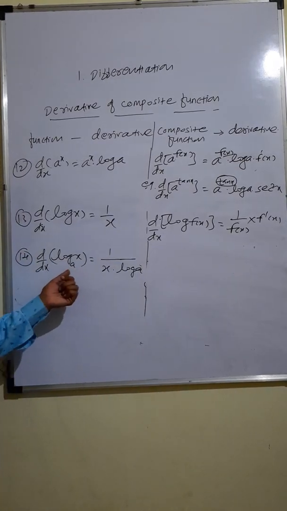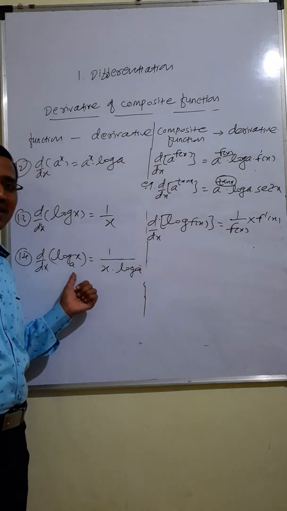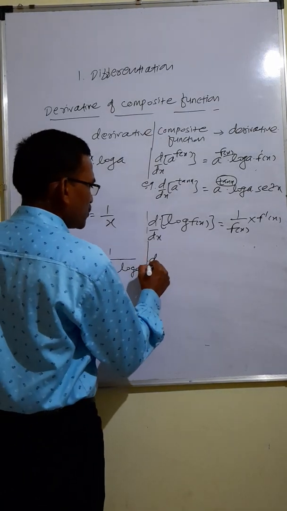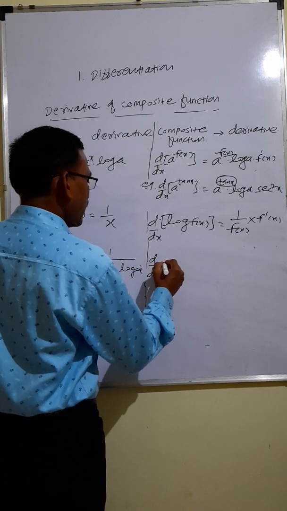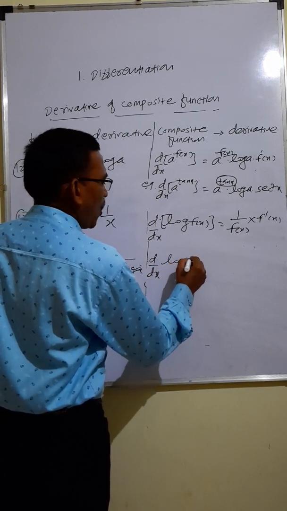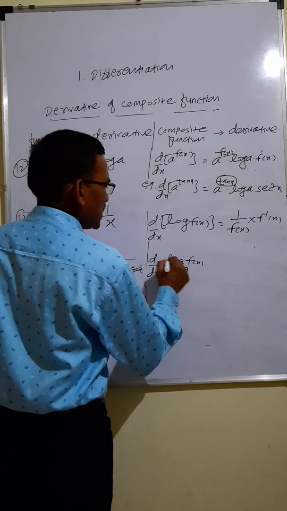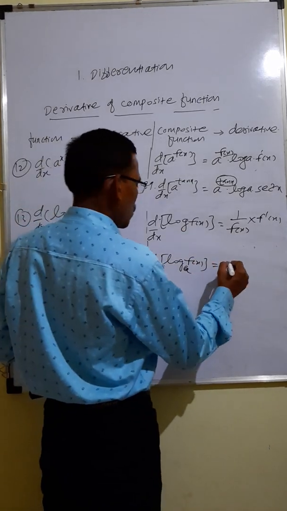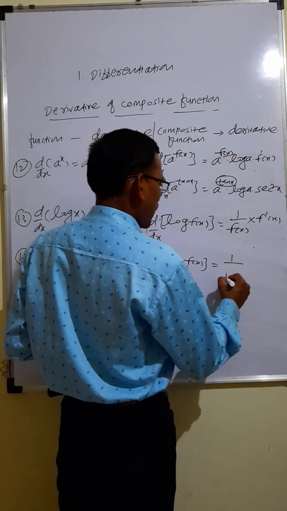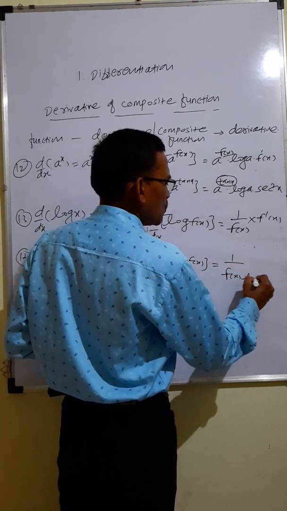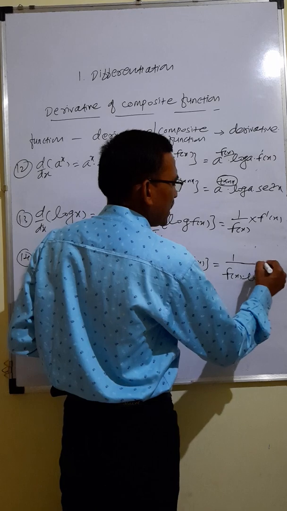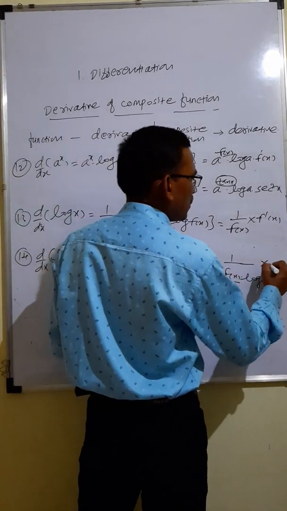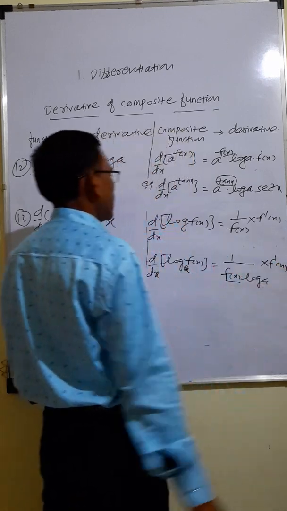And in the same way, in the composite function, the derivative of log of f of x to the base a is equal to 1 by f of x into log a into the derivative of this function f of x.